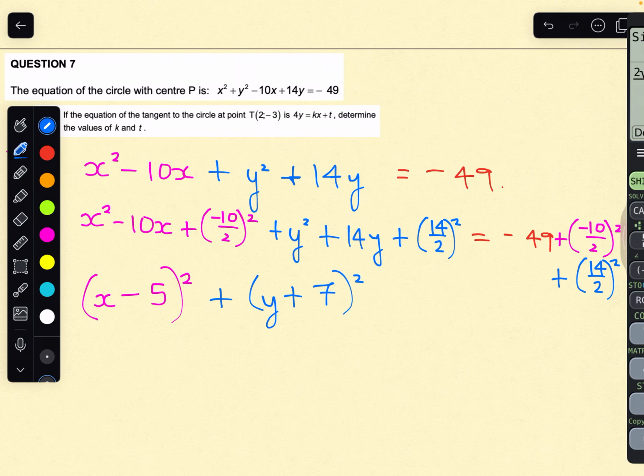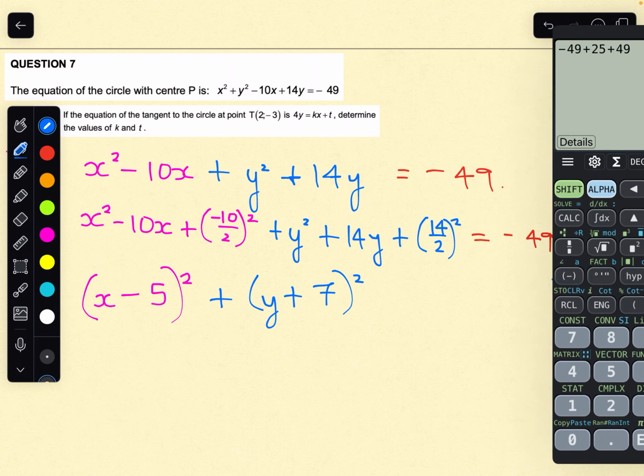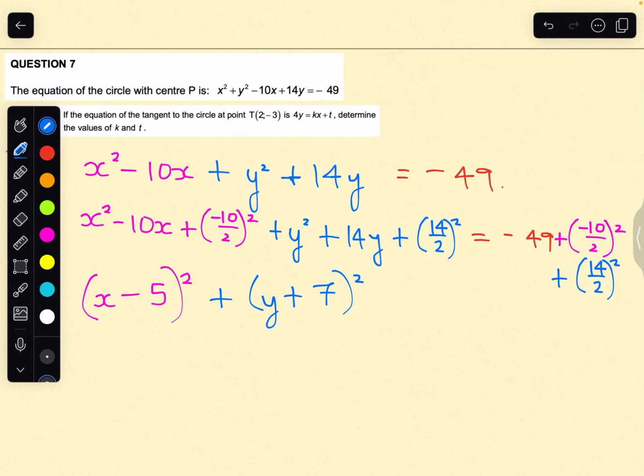Then there is some arithmetic happening on this side, so let the calculator do its thing. 5 squared is 25, 7 squared is 49. Nice, the minus 49 and the 49 cancel out. So our final answer over here is 25.